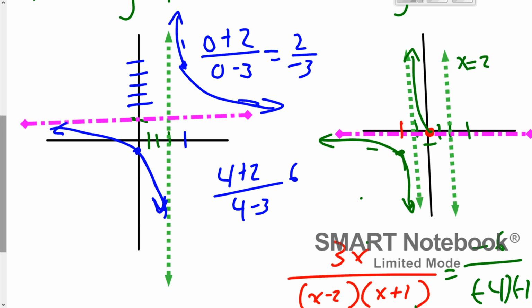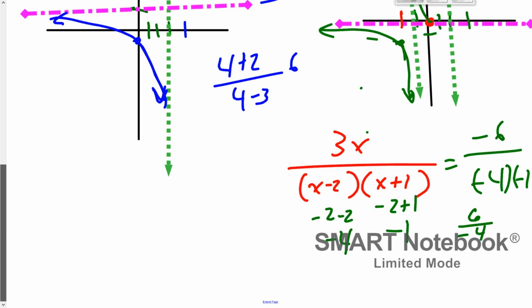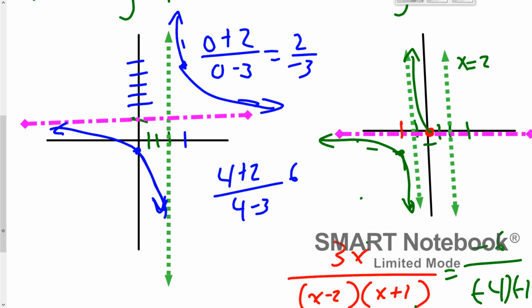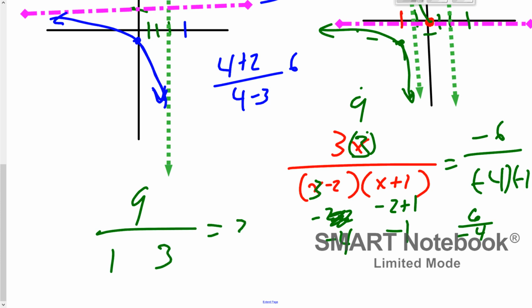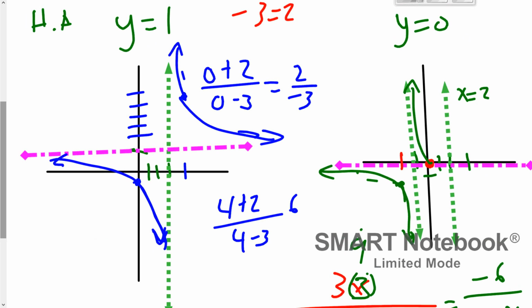Okay, so let's put in 3. Let's plug in a positive 3 this time. So if we plug in a positive 3, we get 9, and 3 minus 2 gives 1, right? So we get 9 over 1 and 3, so we get 3. So at 3, we get 3. 1, 2, 3. There we go. So we know it goes up towards that one.